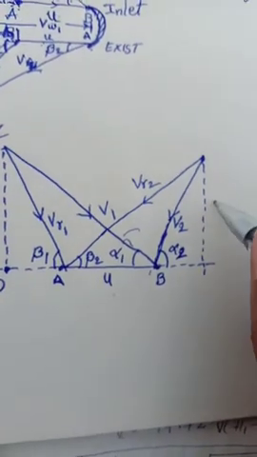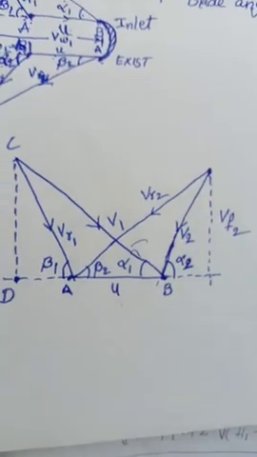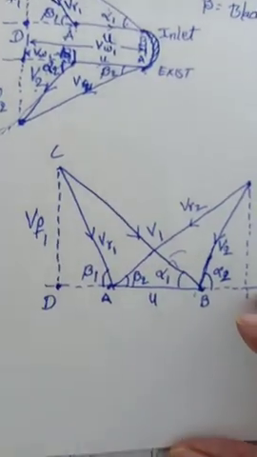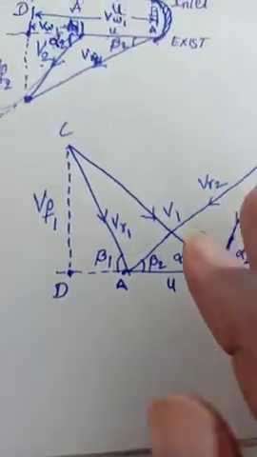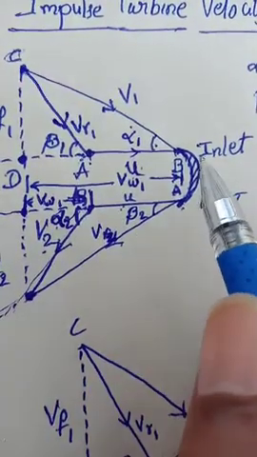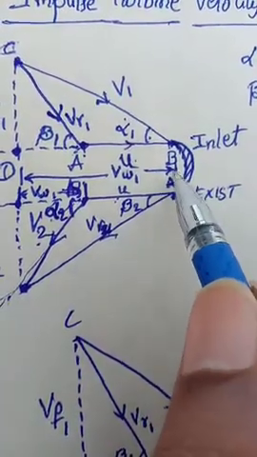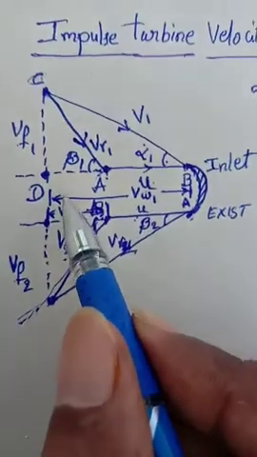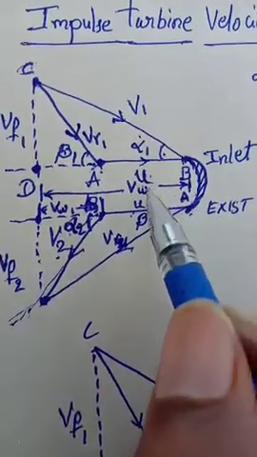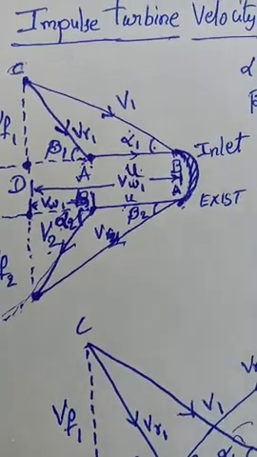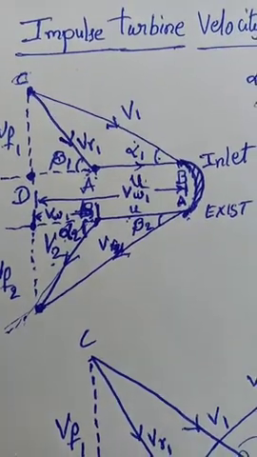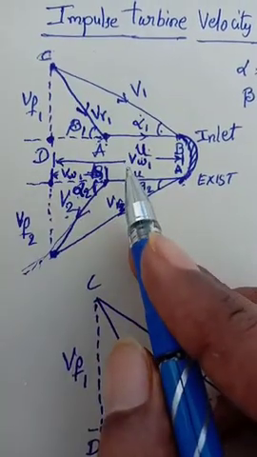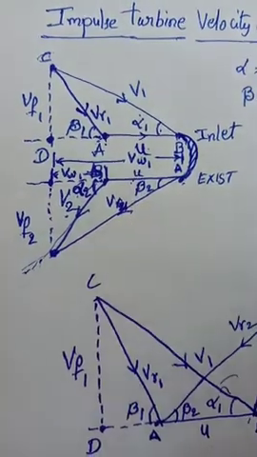Okay, now this is coming from VF2 and this is coming from VF1. And then, look at here, this point B to this point D, the distance is called VW1. Okay, the distance is called VW1.